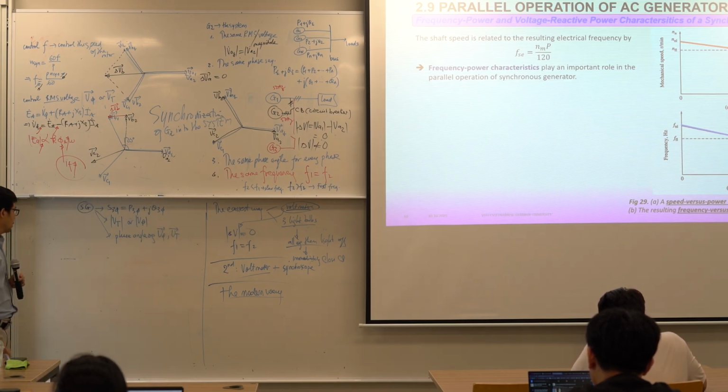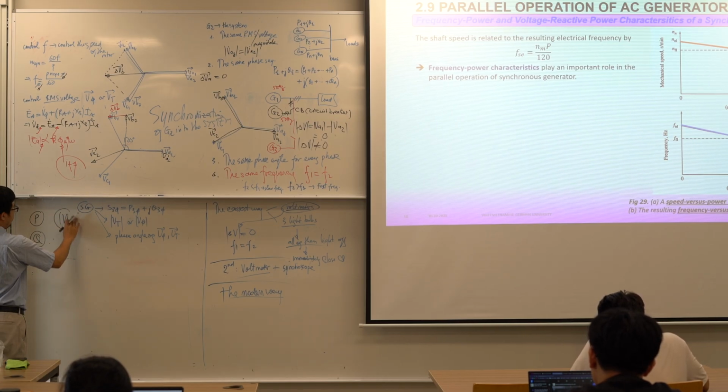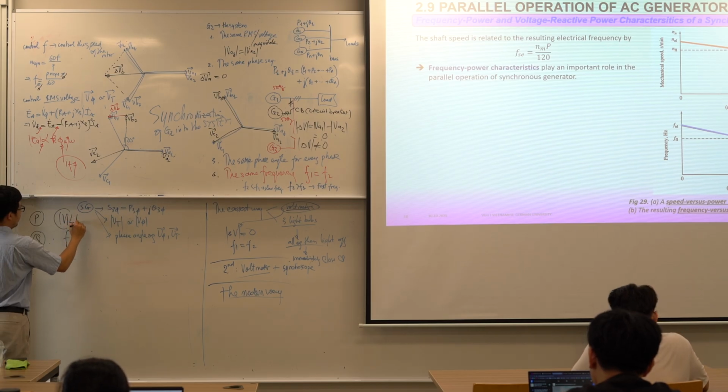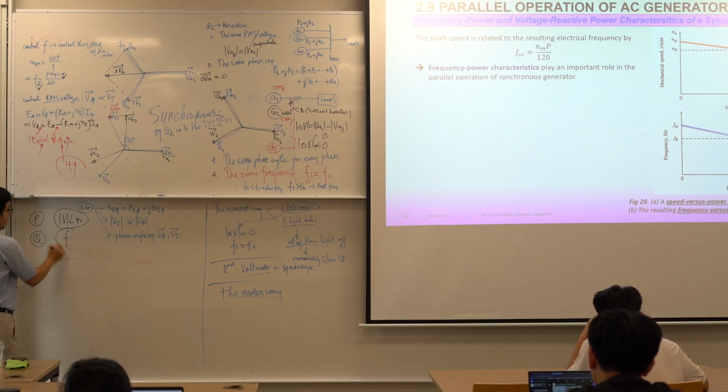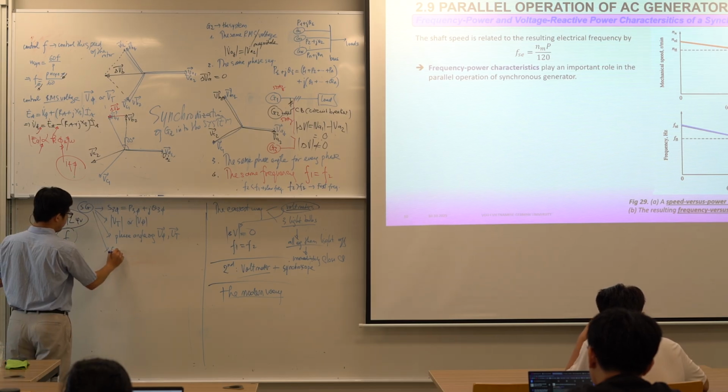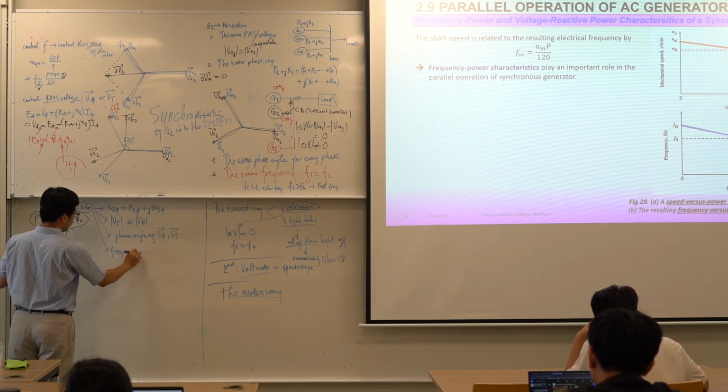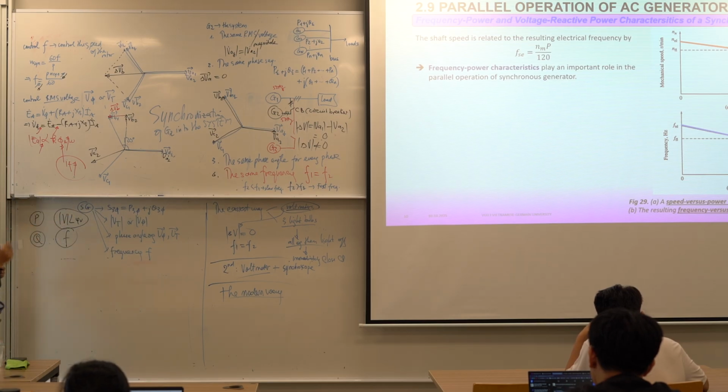So that means we have P, Q, V, F, and theta, maybe phase angle, I say phi V, and F frequency.